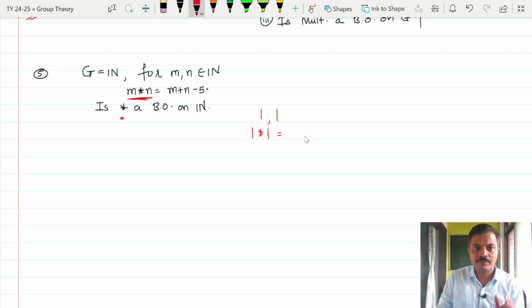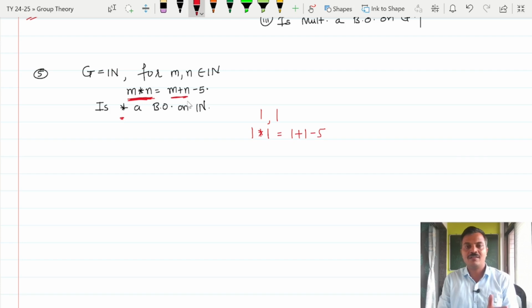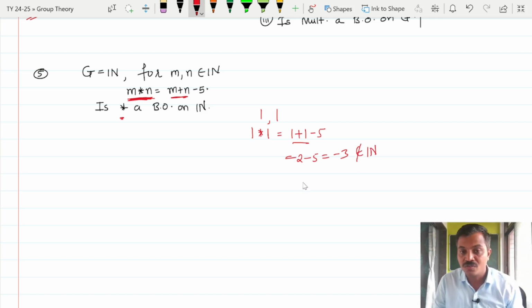It will be equal to 1 plus 1 minus 5, because the operation says m star n is simply the addition of m and n, and subtract 5 from that. So 1 plus 1 is 2, and minus 5 will be minus 3. Does this lie in the set of natural numbers? No. So therefore, is it a binary operation? No.